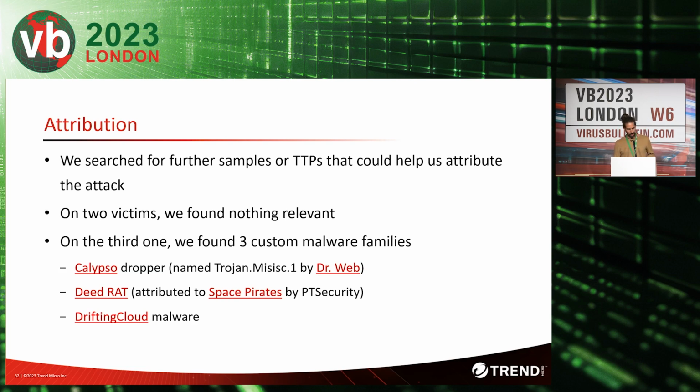We found one dropper from a threat actor called Calypso, another malware called DidRat that is attributed to Space Pirates by PT Security, and another malware that we believe belongs to the Drifting Cloud threat actor. All of these threat actors or malwares are allegedly Chinese, but we don't believe they belong to the same threat actor.